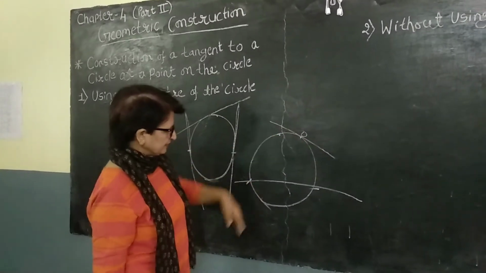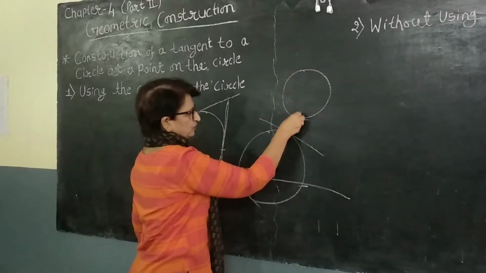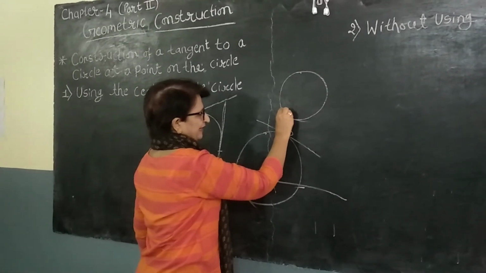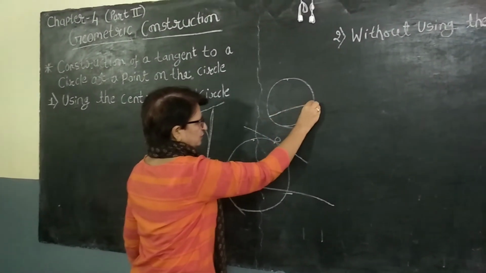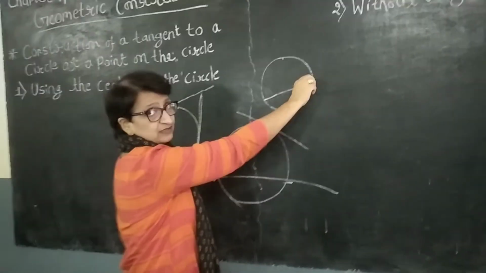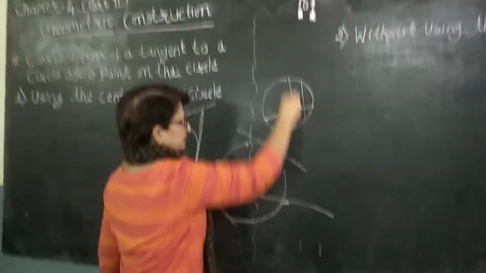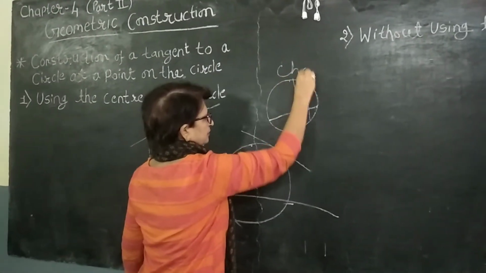Now, third point is chord. What is a chord? A chord is a line which touches the circle at 2 points. Means that it doesn't go outside. It is inside only. Okay? This is a chord. This is a chord.